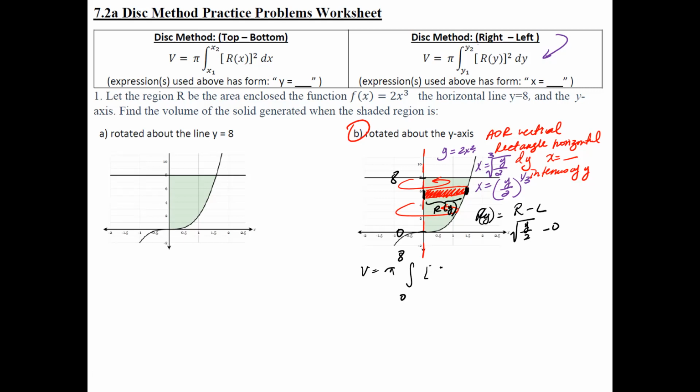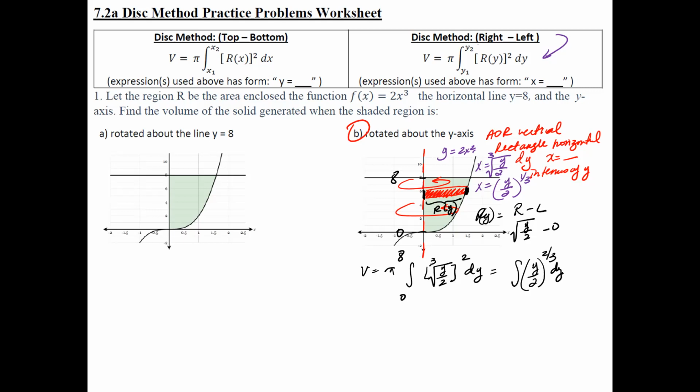So I have the cube root of y over 2, squared, dy. Well, I don't like the way that it's written, so I can write it as (y over 2) to the 1/3, but there's a square here, so to the 2/3 dy.